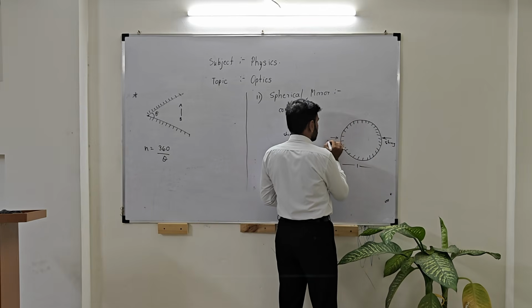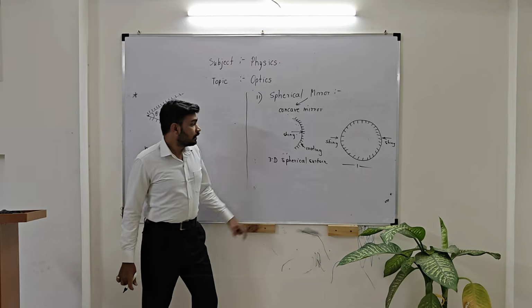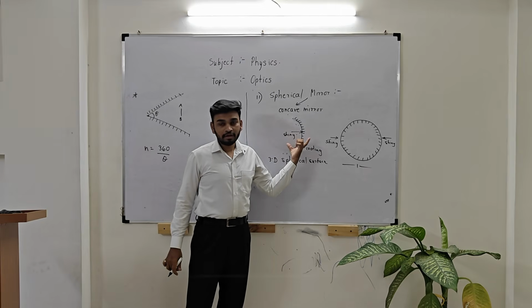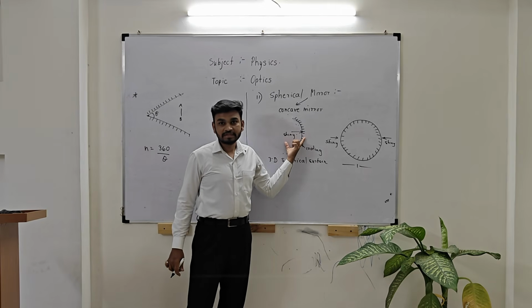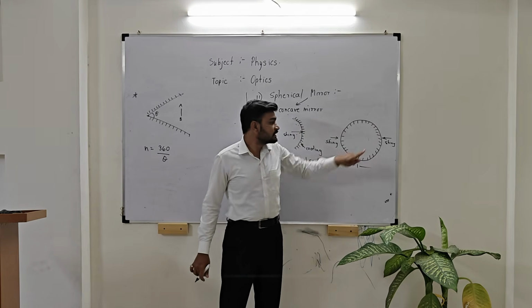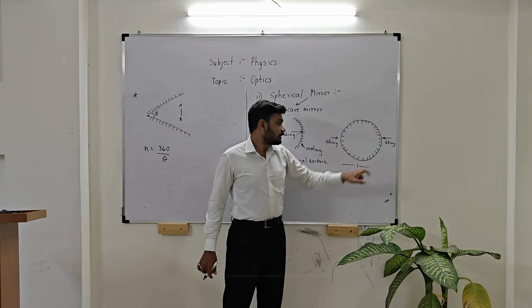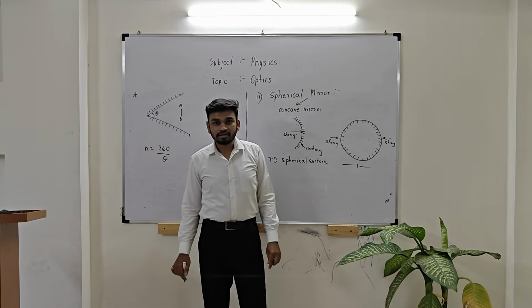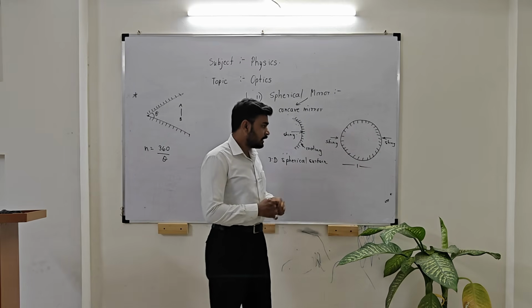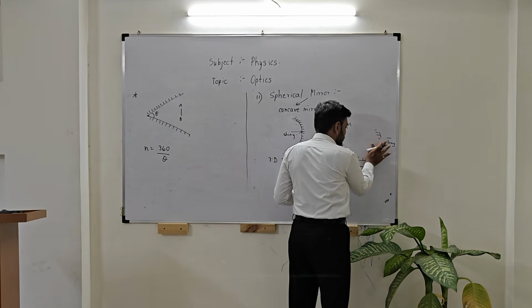This is the outer surface which will remain shiny, right? Whatever we did in the previous condition, we just have to do the opposite in this condition. Now the inner surface will be coated and the outer surface will be shiny. Now in this condition, I will remove that much part this way.